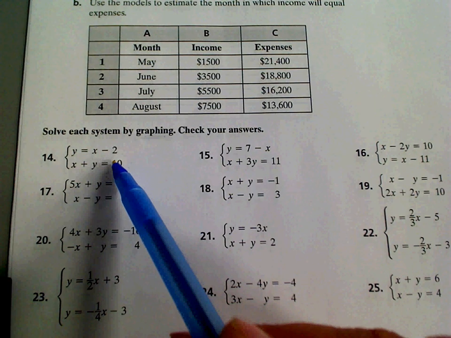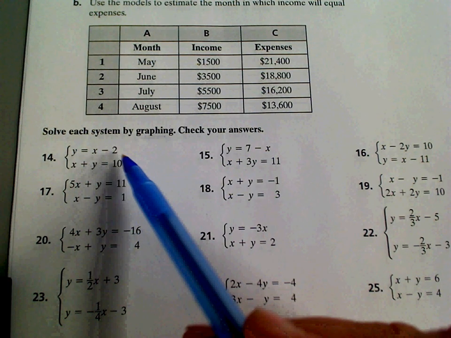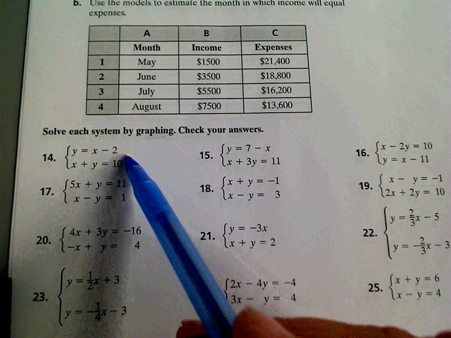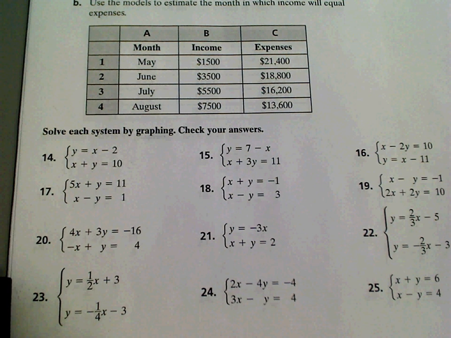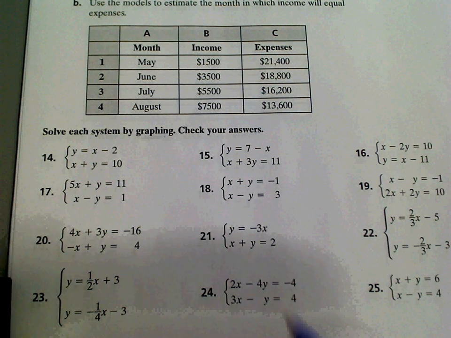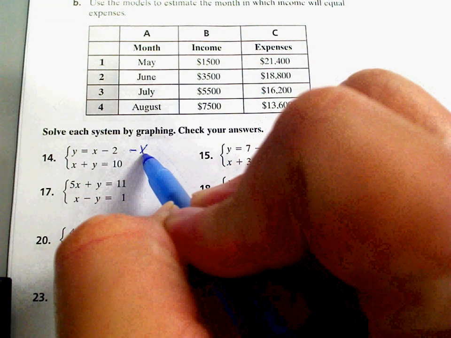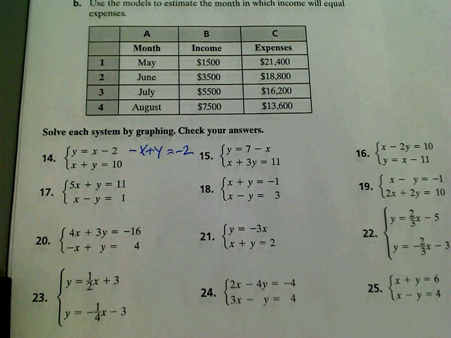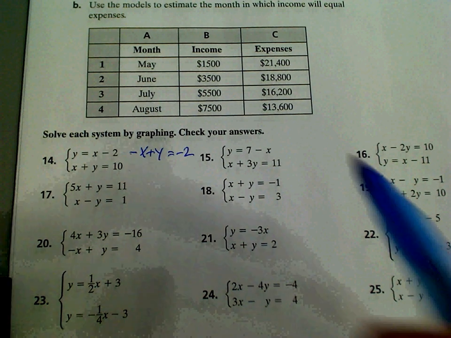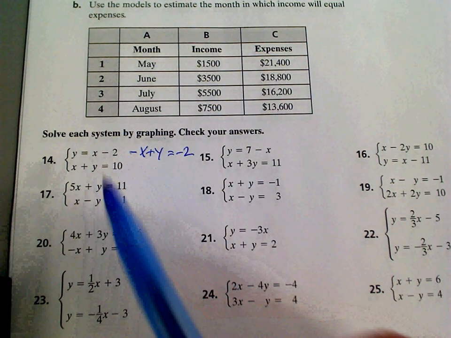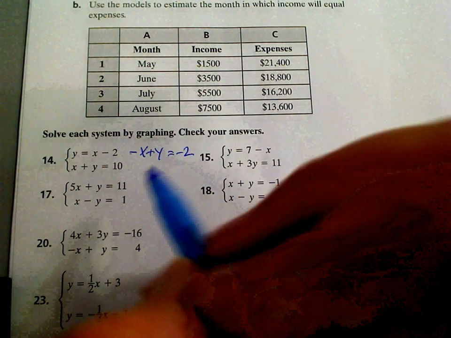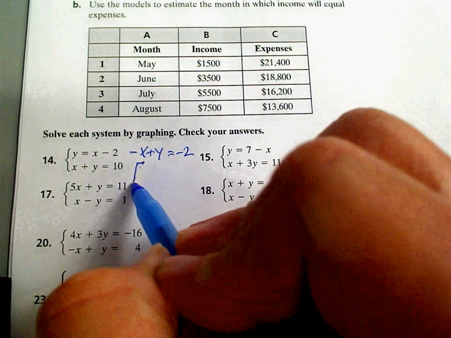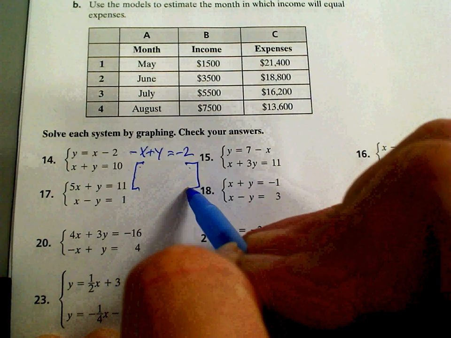So somebody tell me what is standard form of this guy, the top one. -x plus y equals -2. Thank you. So here is the trick. I want you to write this in your book. We're going to build a matrix with nothing but the coefficients.